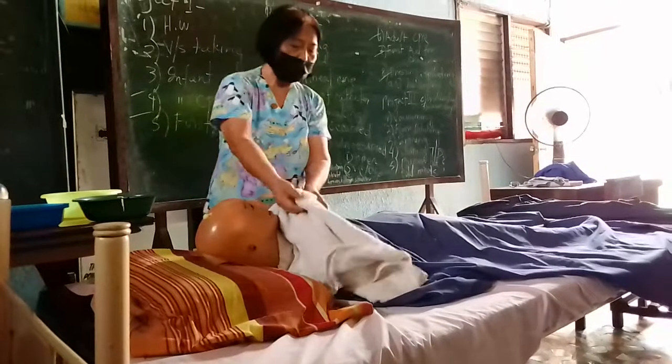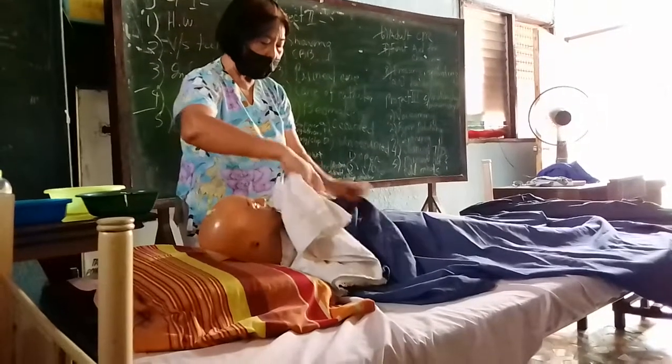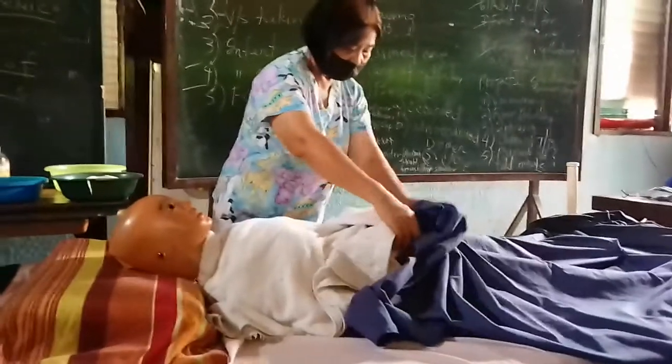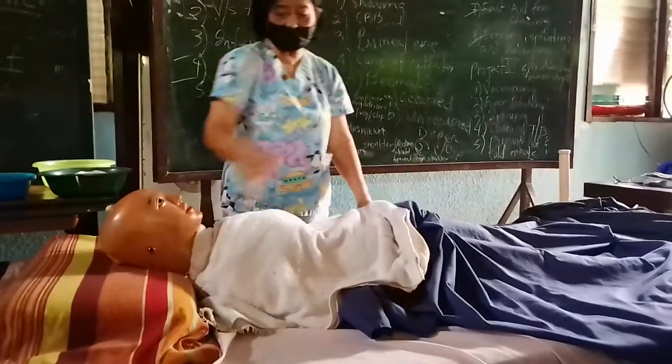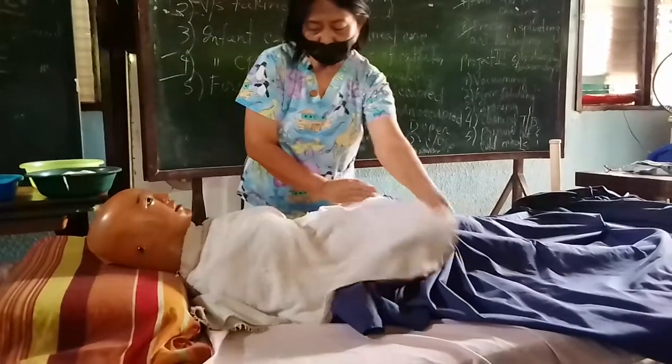Then together with the towel and the bath blanket, you pull the bath blanket up to the patient's iliac crest or hip bone, no? The hips, up to here. Okay, so there's no more bath blanket here. It's only the towel that covers the patient's abdomen and chest.